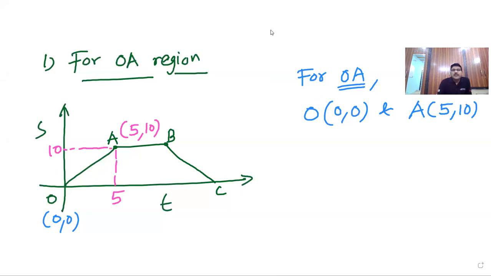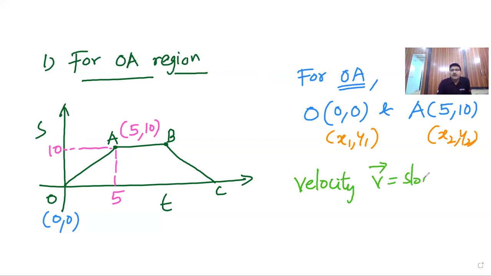If I take this as x1, y1, which is 0, 0, and this as x2, y2. OA is a line on the S versus time, displacement versus time graph. So the velocity for the OA region, V bar, is equal to the slope of the OA line.